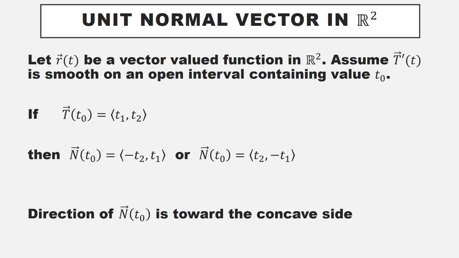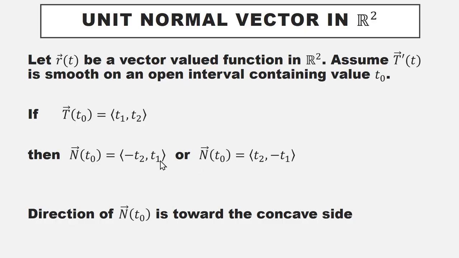In R3, there are infinitely many vectors that are orthogonal to a given unit tangent vector. But in R2, there's only two choices. We're either going to swap the x and y components and negate the x, or I swap the x and y components and then negate the y.